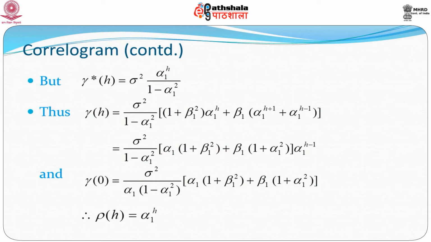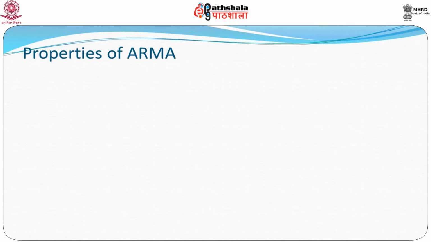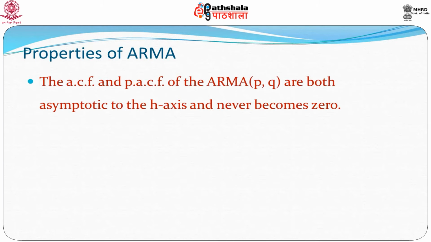So, as h becomes large, since alpha 1 is less than 1, remember that for the process to be stationary we need the AR component to be less than 1, the term goes to 0 but exactly does not coincide with it.